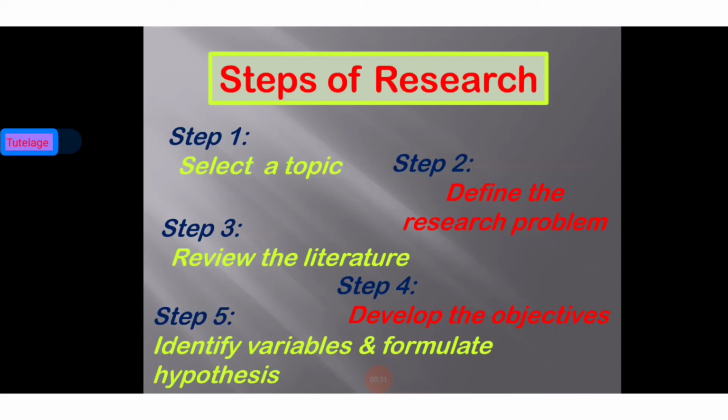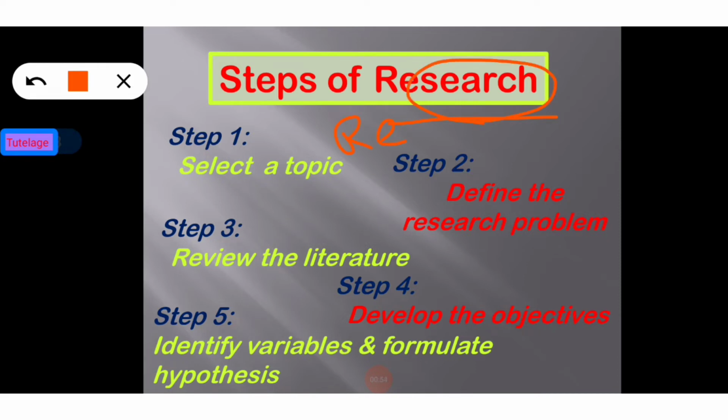So learner, this session starts with the steps of research. Before going to the discussion on the different steps of research, we have to know what we mean by research. Research means re plus search.